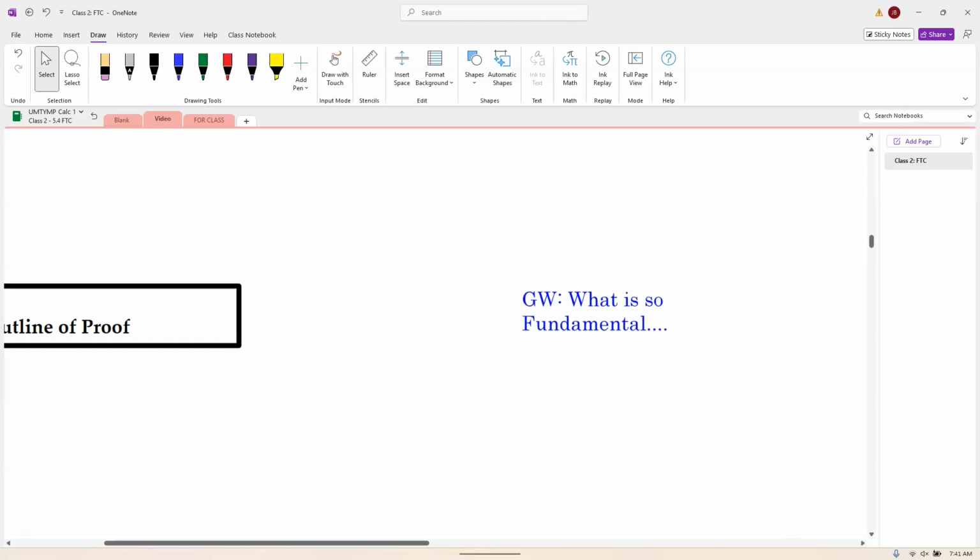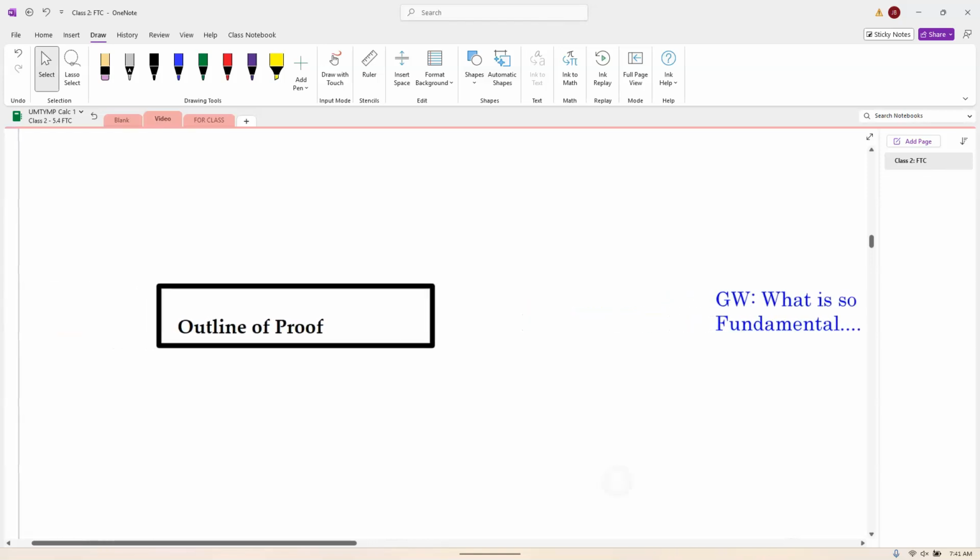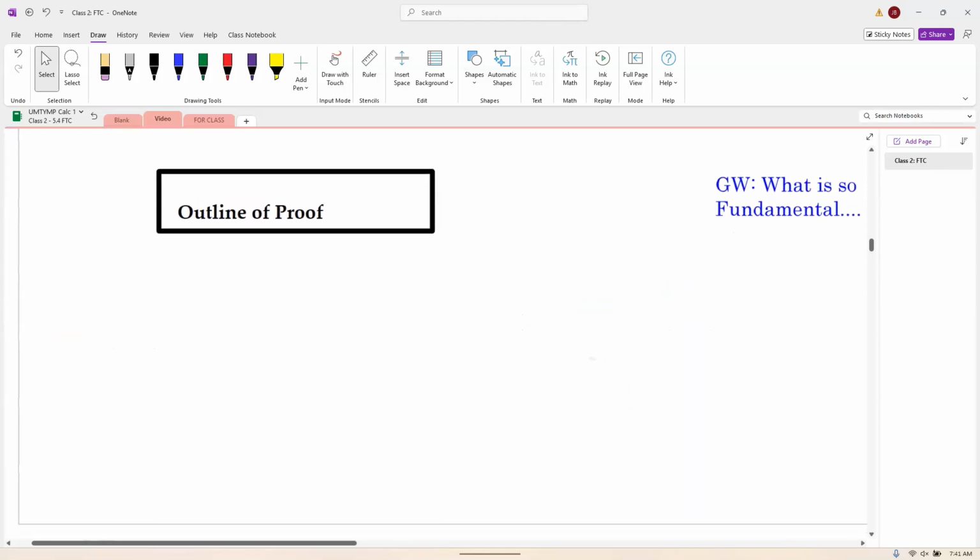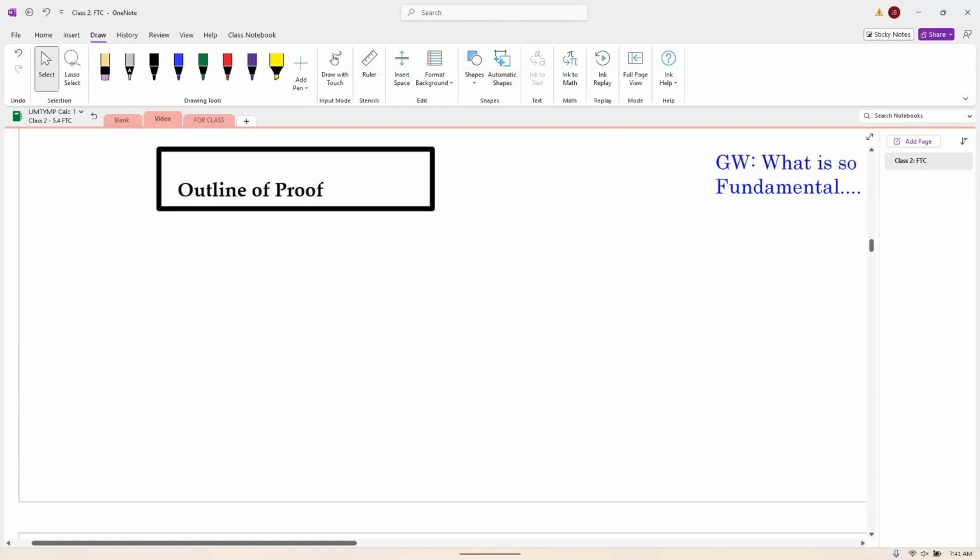Then I have a note here. There's a related group work, but I also wanted to outline the proof. I mean this as an outline, so we are not going to go into the full details. For the full details, please see Google or your textbook.